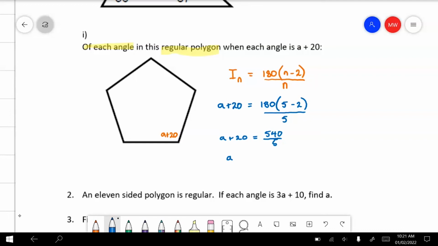If we keep simplifying, A plus 20 will be equal to 108. And then finally, if we subtract 20 from both sides using the balance method, A will be 88 degrees, and we've solved that question.